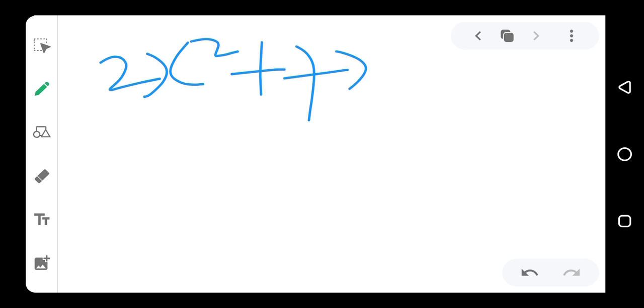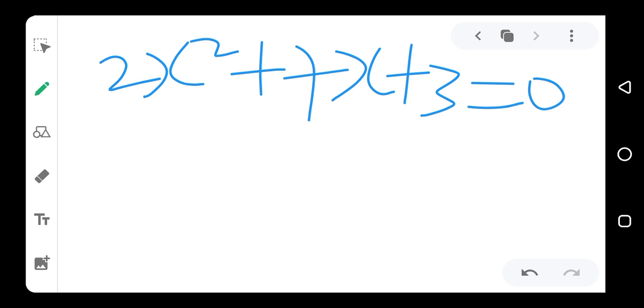this equation, 2x squared plus 7x plus 3 is equal to 0, and we are asked to solve this. Now the first thing is for us to look for a and c and then b. In this equation, a is 2, b is 7, and c is 3. So we say 2 times 3, that is 6.